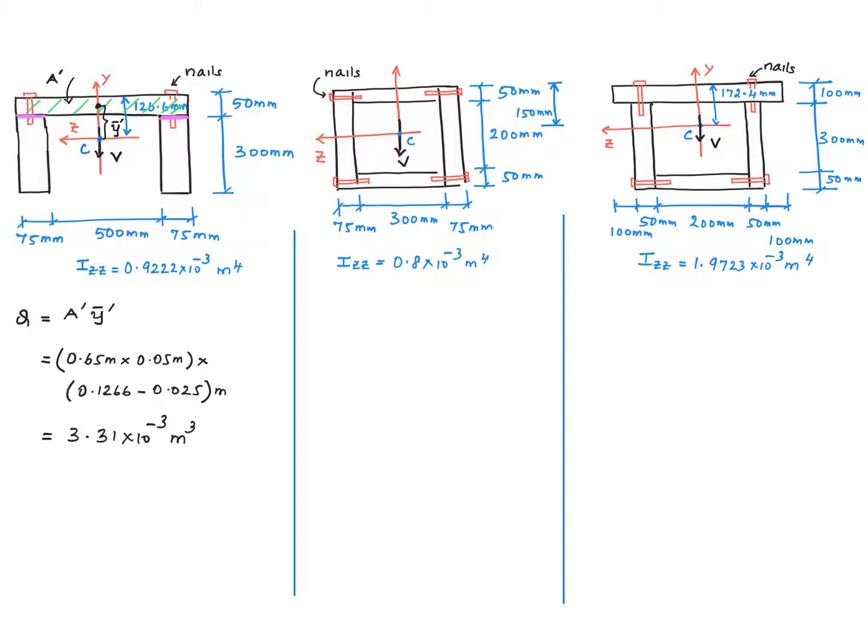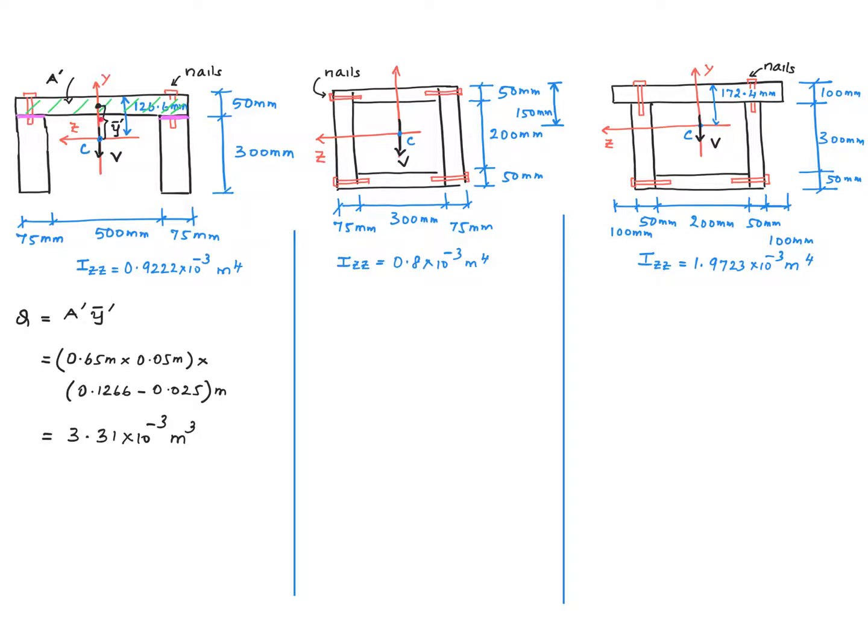Then this distance is 650 millimeter or 0.65 meter multiplied by this distance, which is 50 millimeter or 0.05 meters, and multiplied by Y bar prime. Y bar prime is the distance, the centroid of the shaded area from the z-axis.